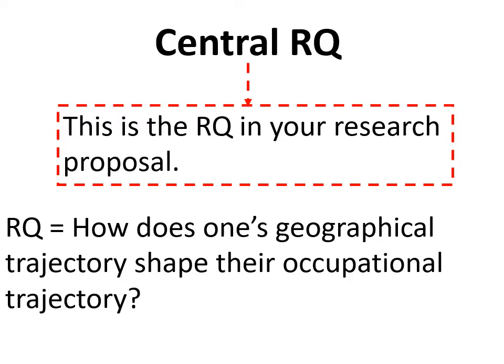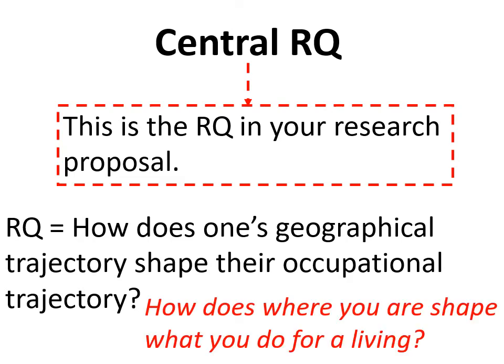Which is a bit highfalutin, maybe more sophisticated than it really needs to be. Another way that I might rephrase this is basically, how does where you are shape what you do for a living? Or, how does where one lives shape what one does for a living? Or how does where one has lived and currently lives shape what they do for a living?